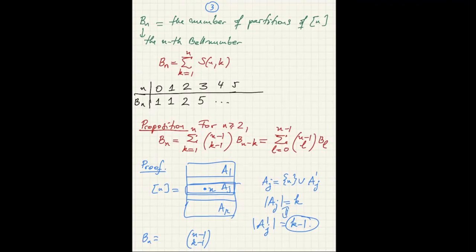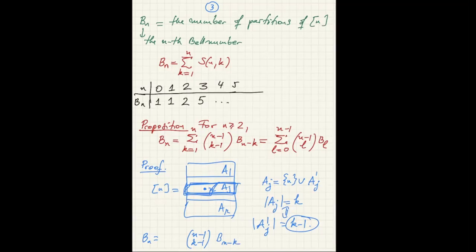If you have a partition A1, A2, ..., AR of the set n, and you remove the whole part that contains n, then we are going to have a partition of the remaining n minus k set.